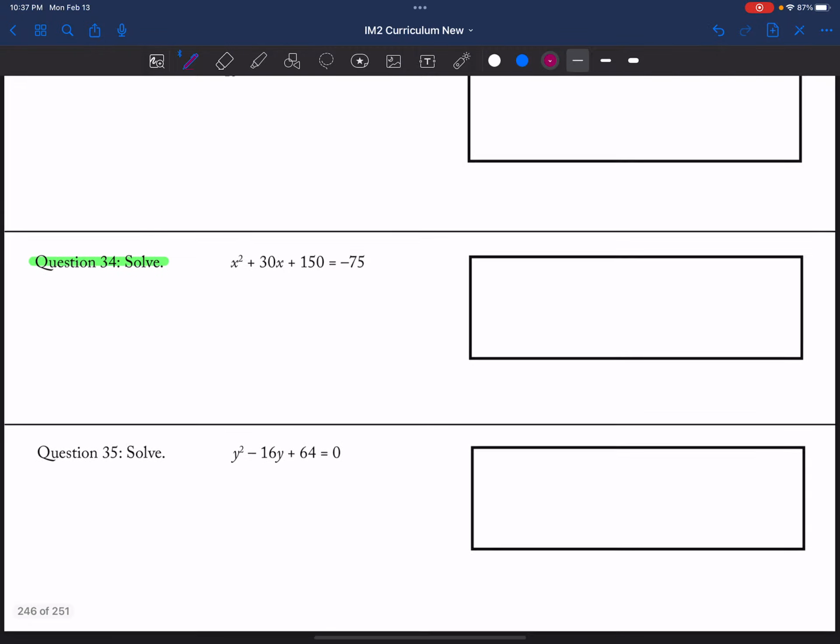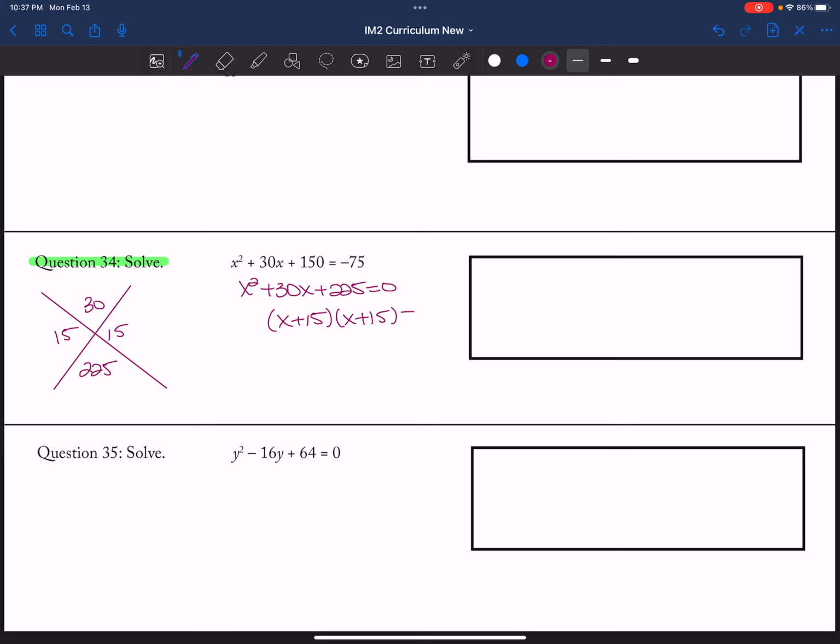And then 34, so x squared plus 30x plus 225 is equal to 0. So my x, 30 on the top, 225 on the bottom. So this is 15 and 15. So x plus 15, x plus 15 equals 0. So x is negative 15.